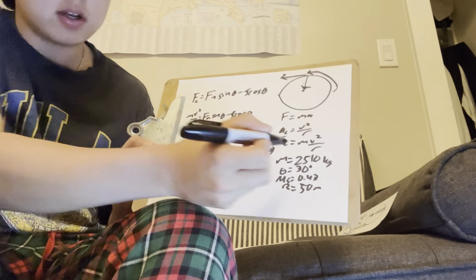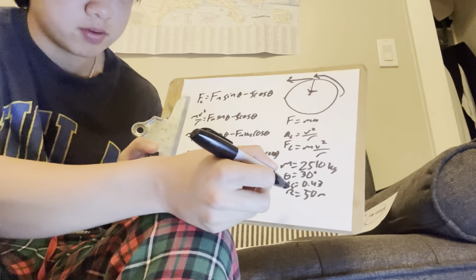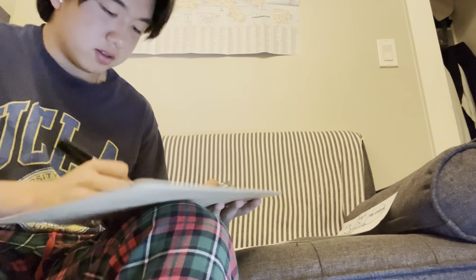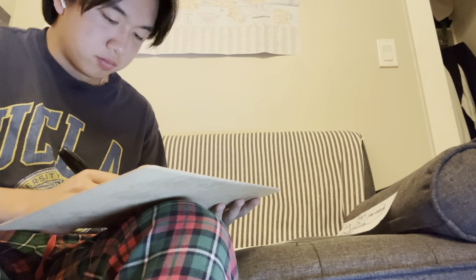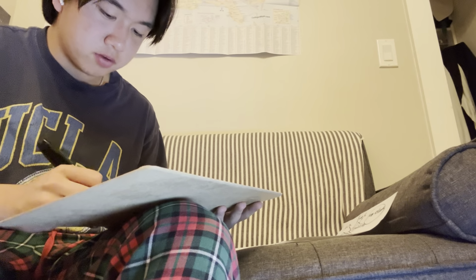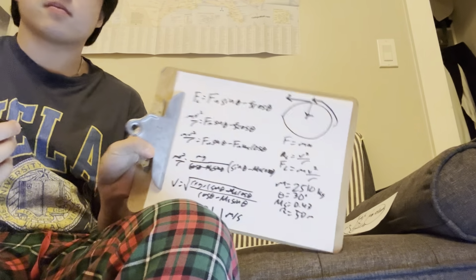We know all of these things that were given to us in the problem. When we put them in and solve, we get that v is equal to approximately 31.1 meters per second.